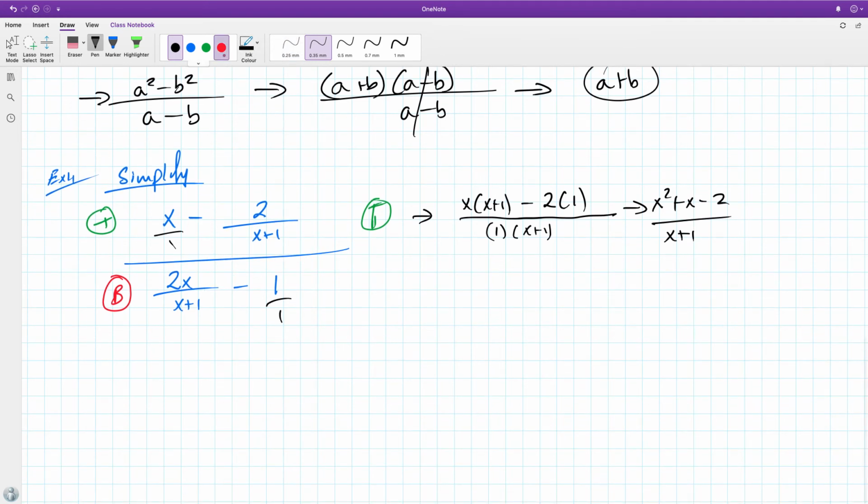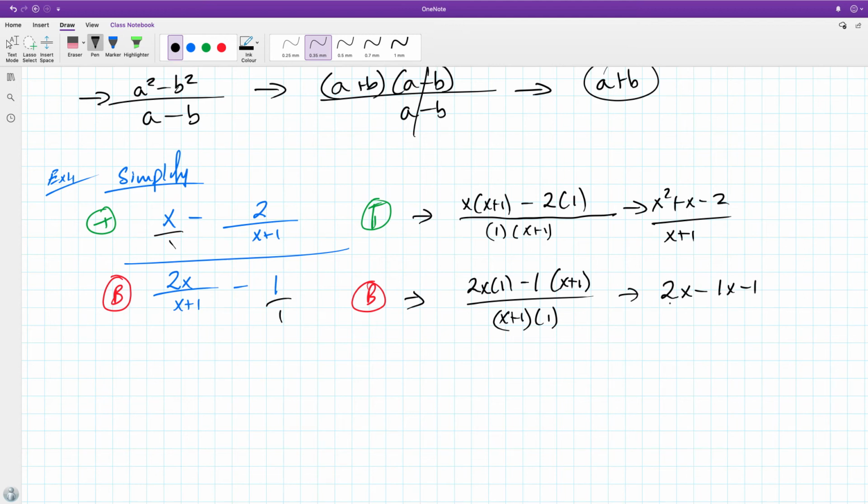Bottom is common denominator of x plus 1 and 1, is 2x by 1 minus 1 times x plus 1. Just minus 1 there, Steve, that was it. 2x minus 1x minus 1 all over x plus 1.